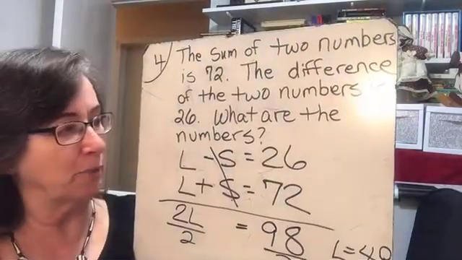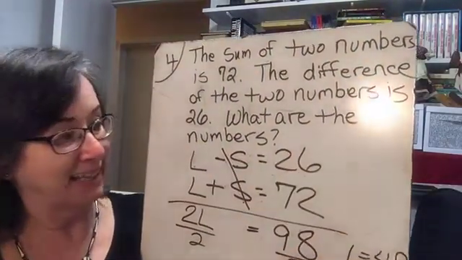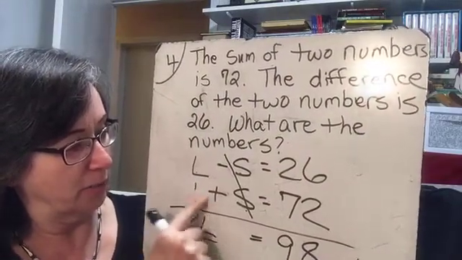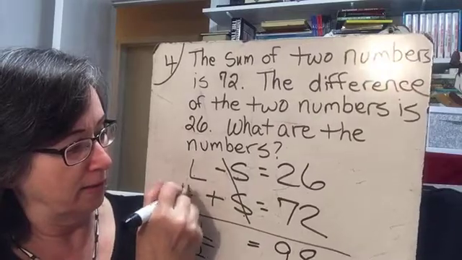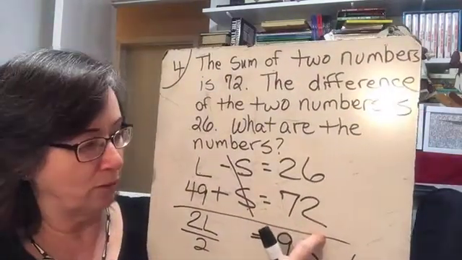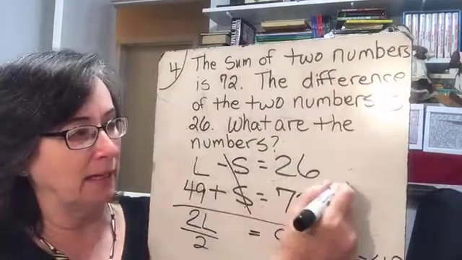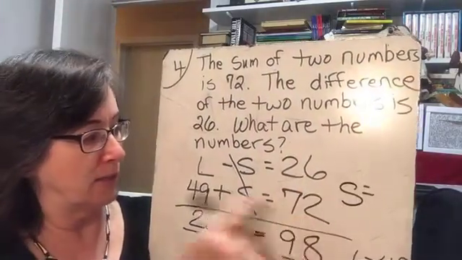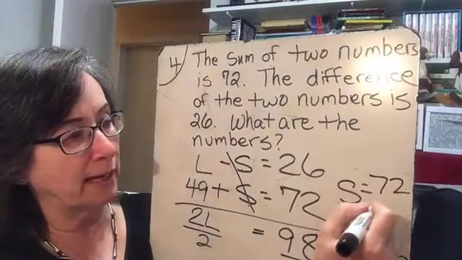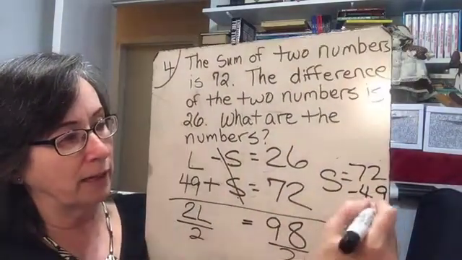So if the larger number is 49, then I can come right here, and I could say larger number is 49 plus S is 72. So isn't S going to be 72 take away the 49, and 72 take away 49?